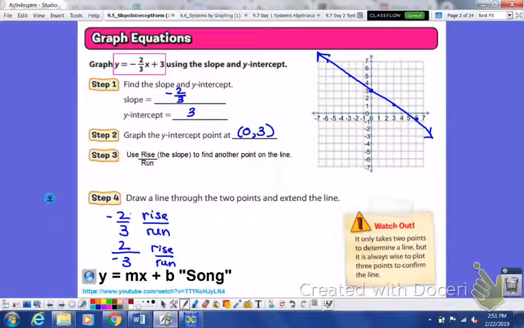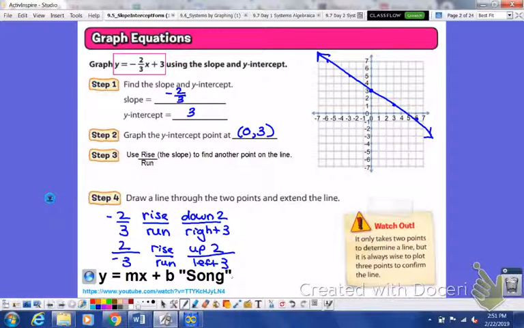In this case, since it is a negative 2, that means we go down 2. Positive 3 tells us we go right 3. The other option then, positive 2 tells us we go up 2. Negative 3 means we go left 3. So that's how we're counting your points.